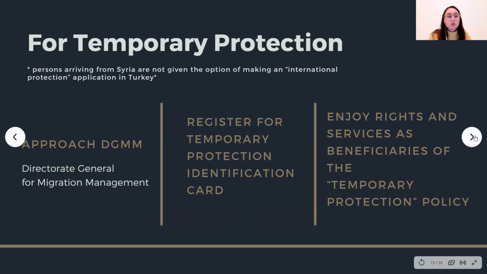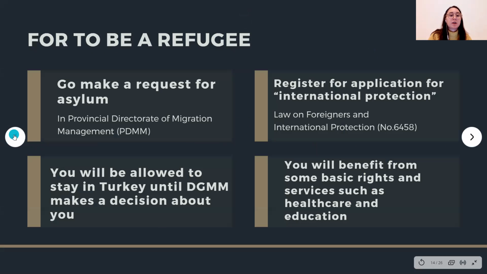Another one is temporary protection. But first, let me count this. For the refugee status, as I said, there are three different types: you can be a refugee, a conditional refugee, or under subsidiary protection. As you can probably guess, not everyone can get these statuses.